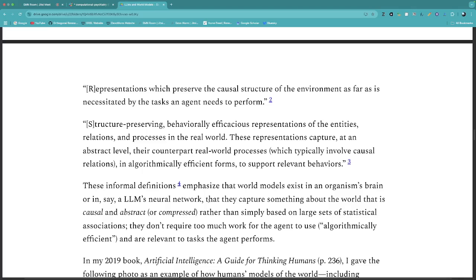And it has to be abstract or compressed in some way that doesn't require you to reproduce every single instance or every single component of the real world. So we don't necessarily want to have this large set of statistical associations. We want this to be compact or compressed. We want this to be algorithmically efficient.